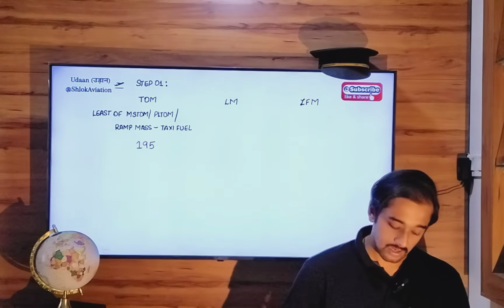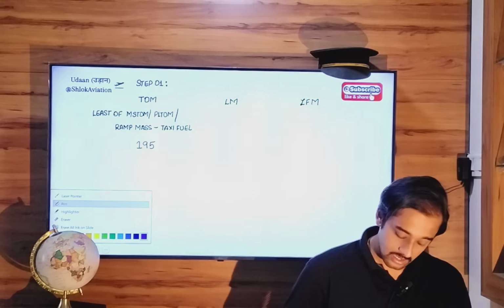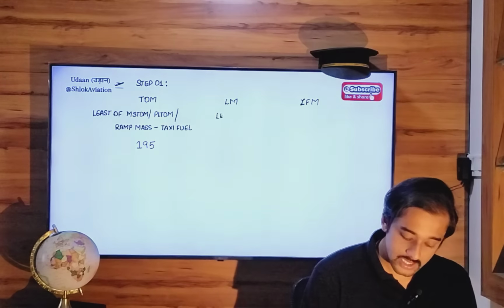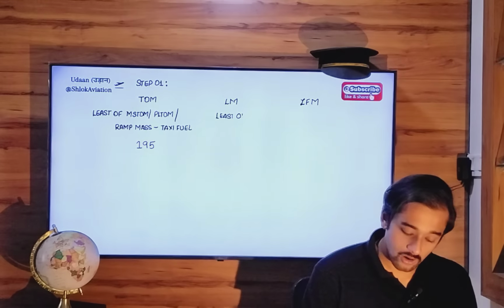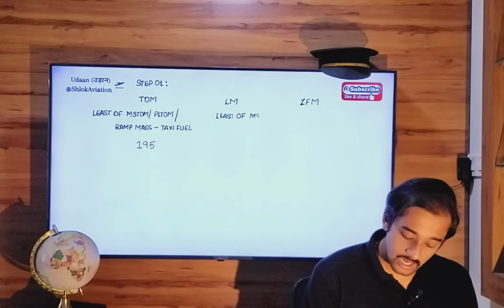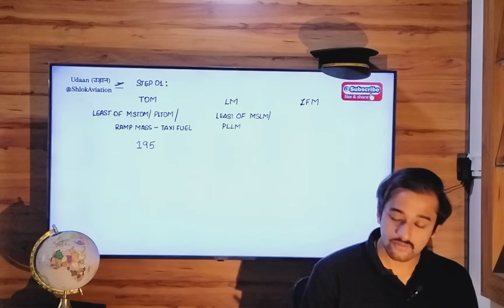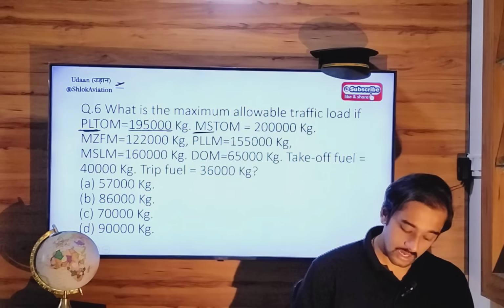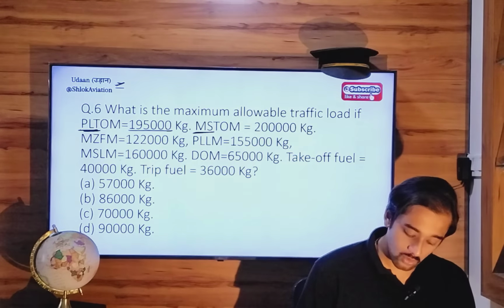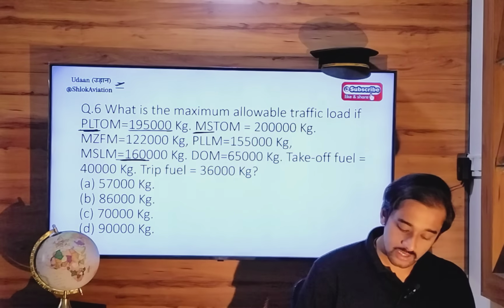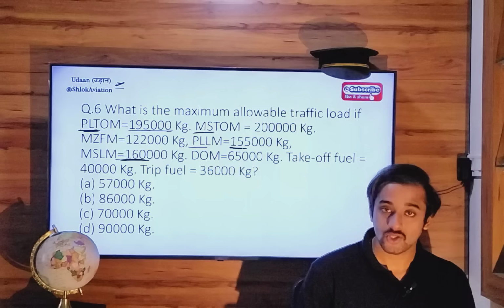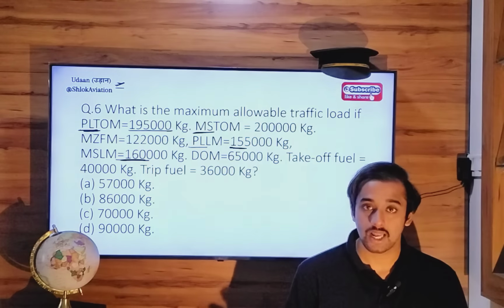Next, landing mass. Now landing mass is nothing but the least of maximum structural landing mass, performance limited landing mass, right? So over here there are two landing masses given, structural limited 160 and performance limited 155. So out of these two values, the 155 is the lesser one.